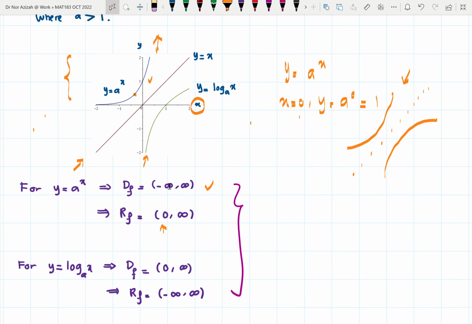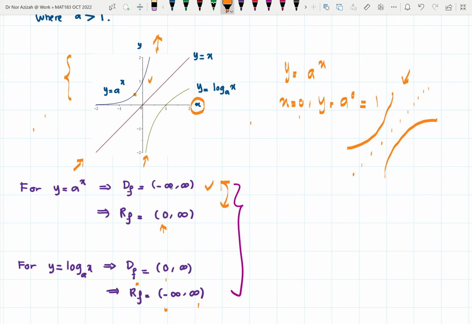Okay. The logarithmic function is the inverse of the exponential function, right? By right, you can take it the other way around. So the domain of f starts from 0 until infinity, and the range is negative infinity until infinity. Look at this one.